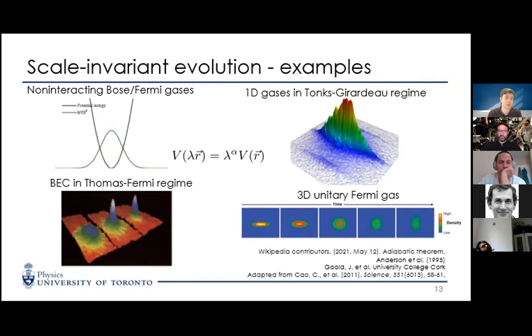Yeah, so my understanding is that in the Thomas-Fermi regime, regardless of dimension, BECs follow scale invariant dynamics. You're right. But that's a mean field picture, or is that including all orders? That's a mean field picture.